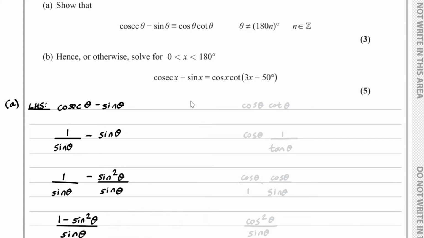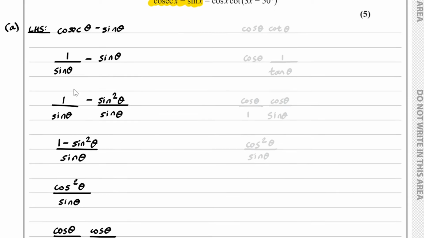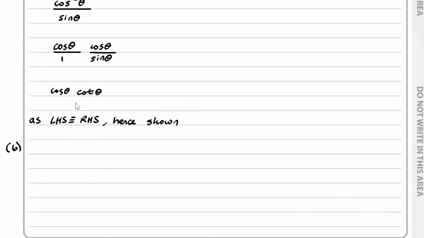Now, for us to solve this, of course, here, that is what we found here. So, for us to solve this equation, let's begin by writing it out. We have cosec x minus sin x equaling cos x cot of 3x minus 50.